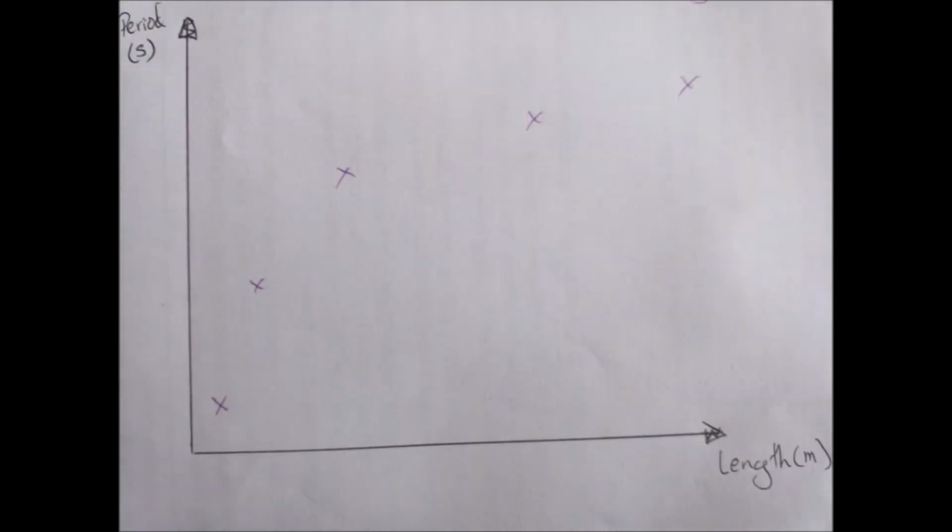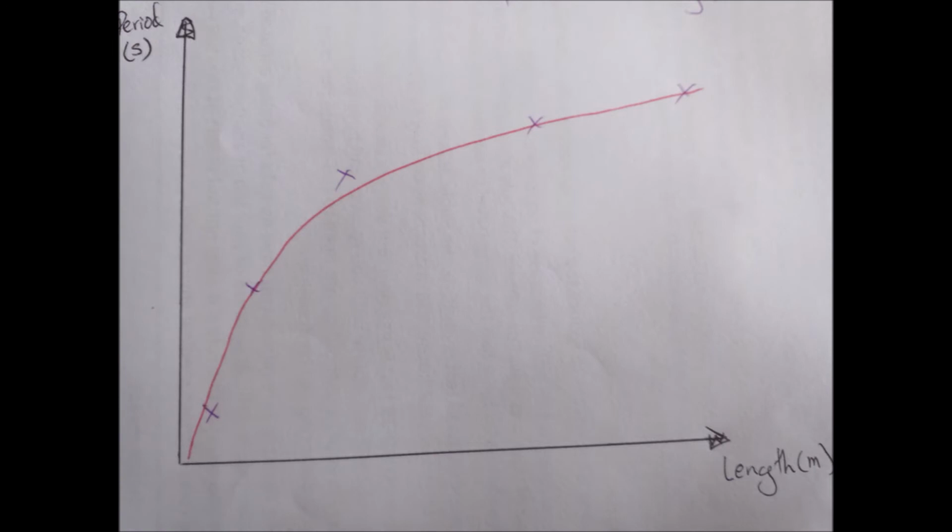When we're using this technique, there is no need to plot a curvy graph. We just assume that the data is going to be curvy, but if we did plot up the data from a pendulum, changing its length and measuring its period, it'd look something like that. And so if we chose to draw a best fit line, our best fit line might look something like that.